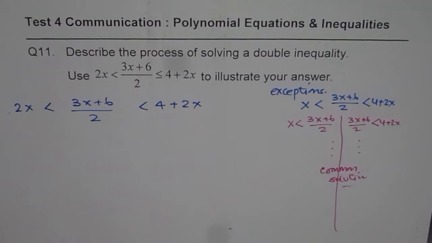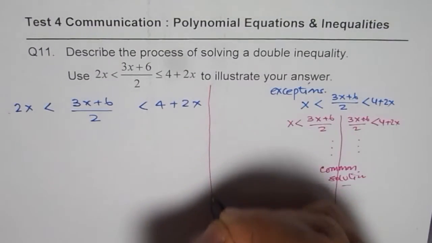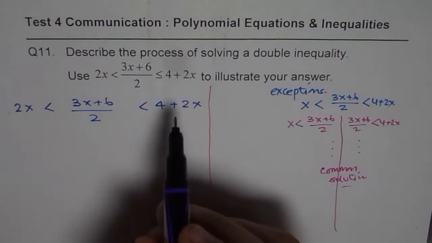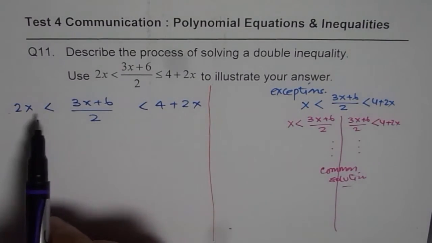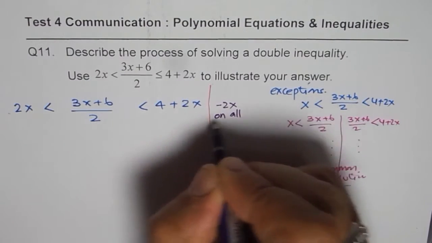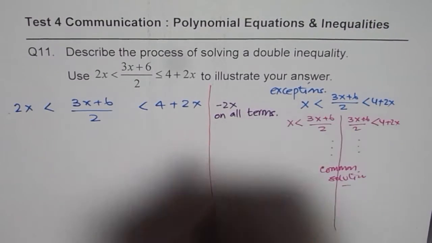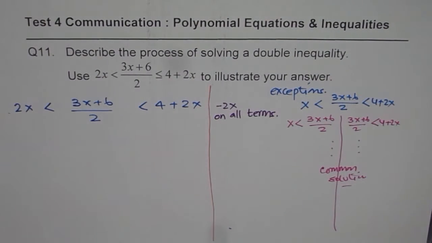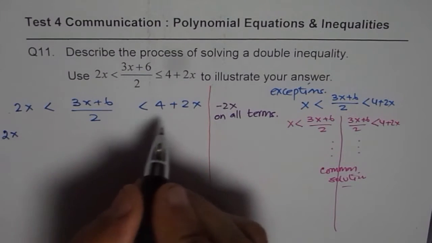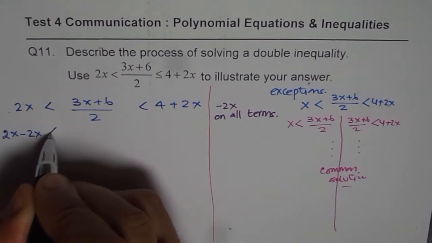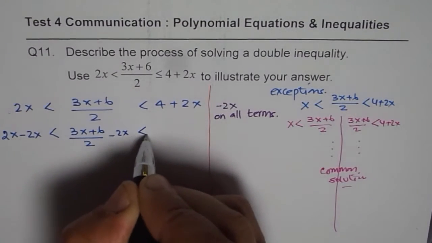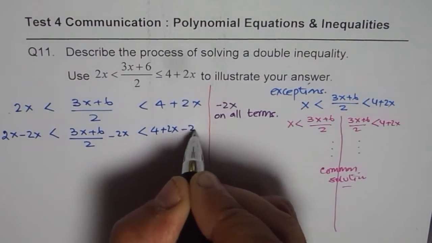But what I prefer to do is, let me write down what I'm trying to do on the right side. First and foremost, I'll try to take away the x's from the extremes. So we'll do minus 2x on all terms. This is the first step. I'll get my inequality as 2x minus 2x is less than (3x plus 6) over 2 minus 2x is less than 4 plus 2x minus 2x.